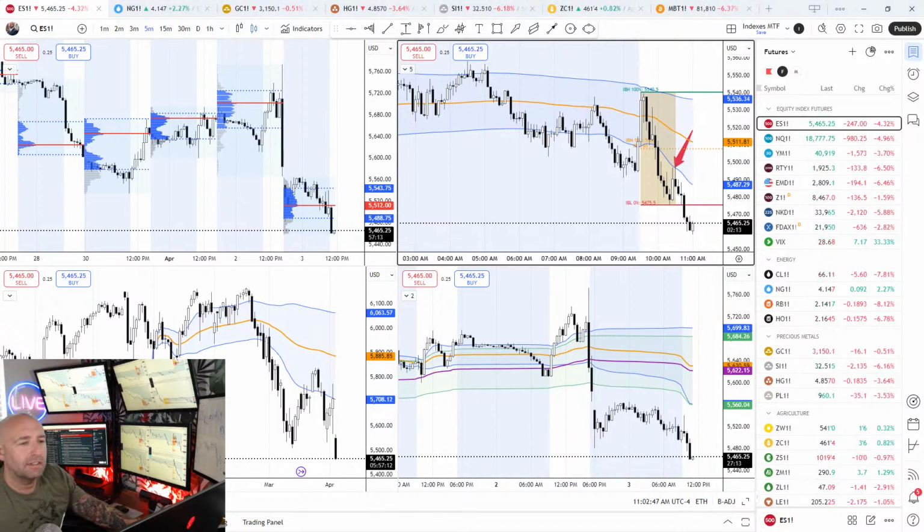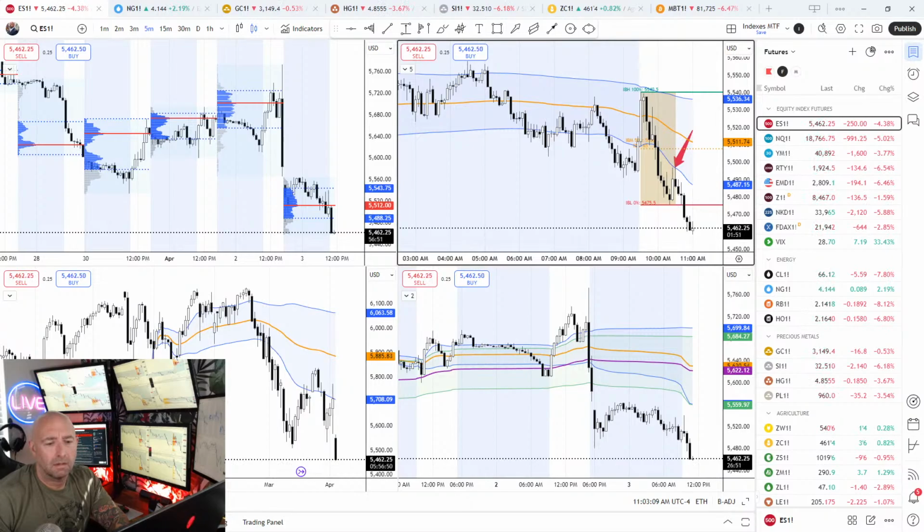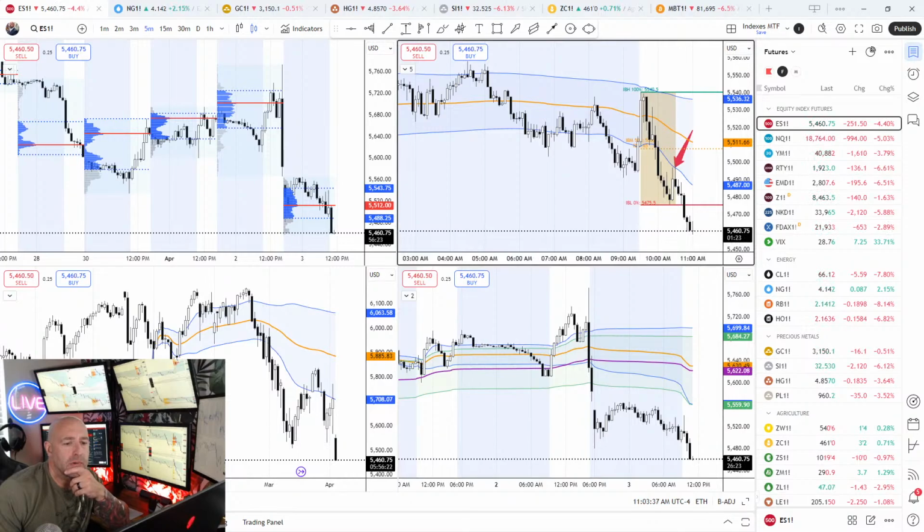Do like to scalp the Russell. Too close to limit down. So easy to forget about that.